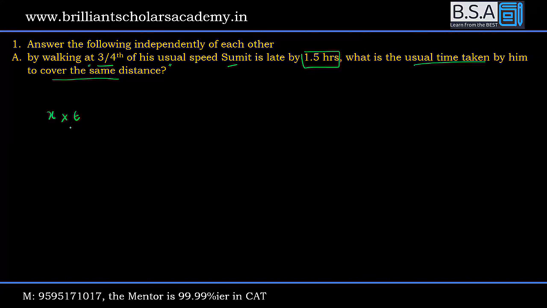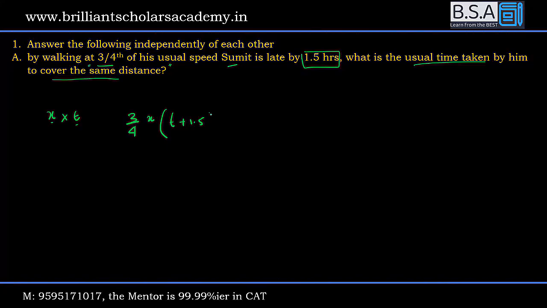This is what Sumit used to travel. Speed into time is equal to distance. Today, the speed has been lowered to 3/4. And because speed was lowered, obviously, if you drive slow, you will take more time to complete the journey. The time is 1.5 hours more.